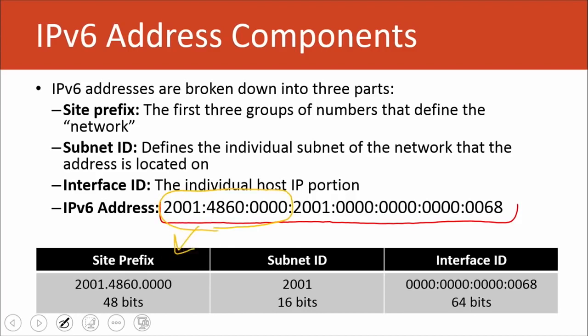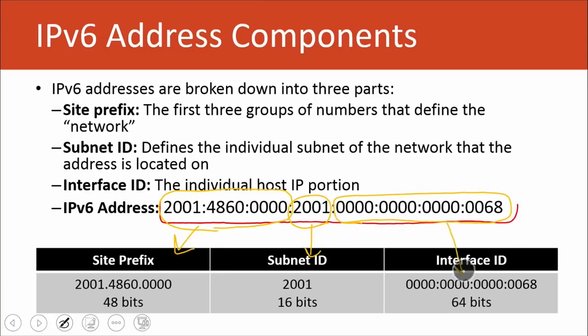Then we have a subnet ID, which seems much simpler than our subnets with IPv4, right? Maybe not. And we have an interface ID, which is the actual host portion of the address.